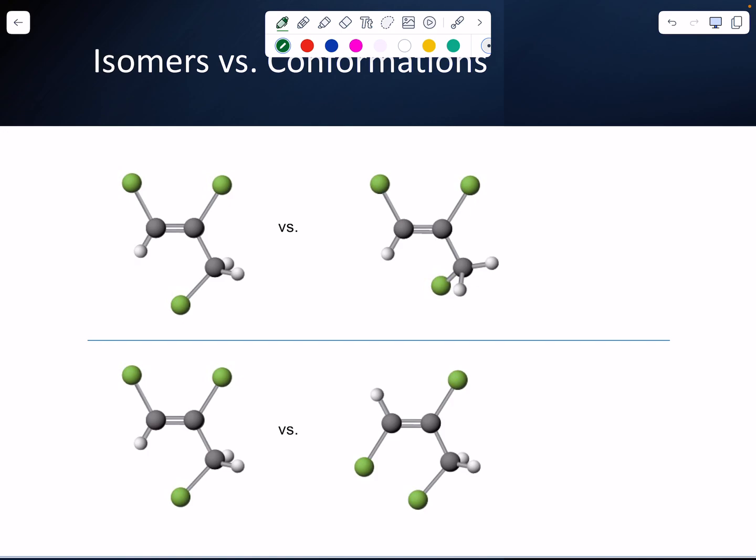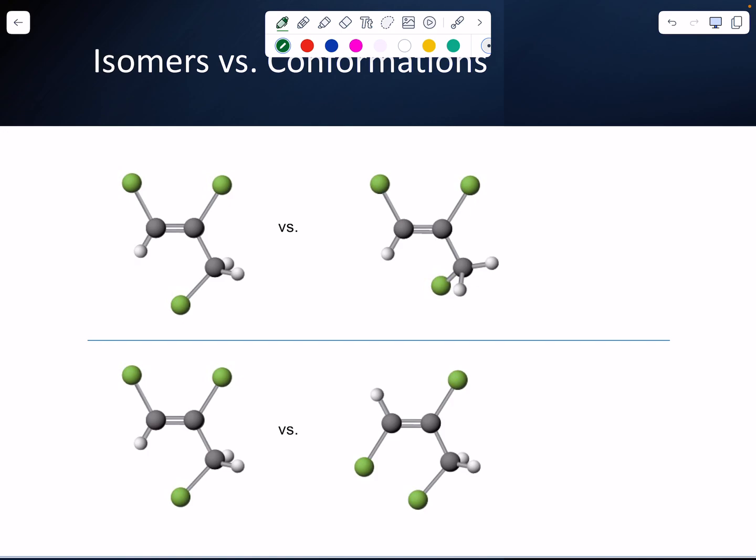So let's look at these two. One of them is a conformation, and one of them is an isomer. We still have the same atoms, same elements, and the same bonds connected. So can you figure out which one is the isomer?